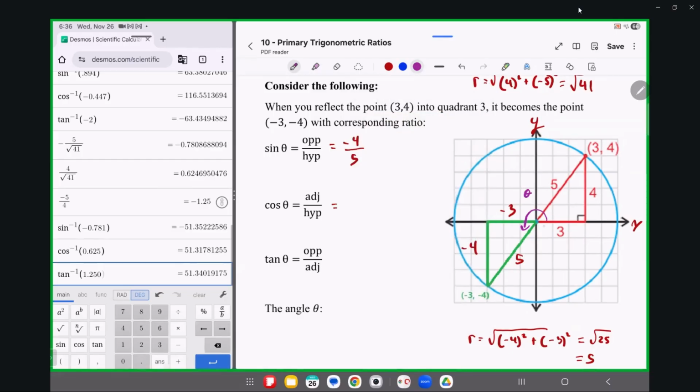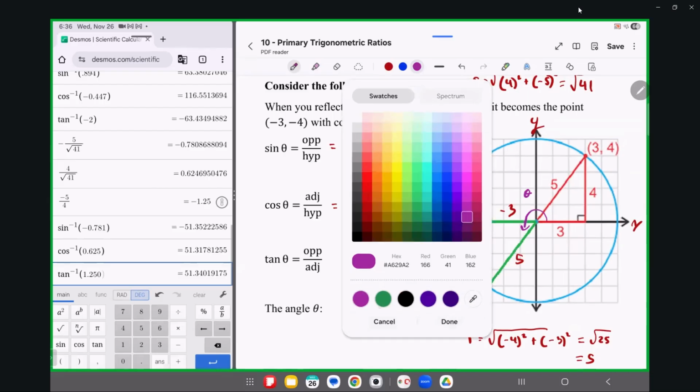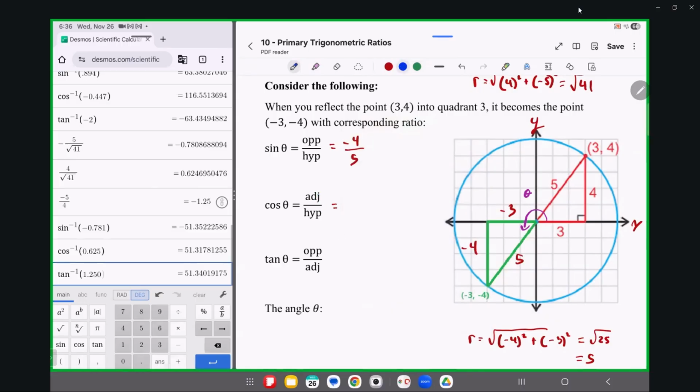The adjacent in this case is -3, so cosine is -3/5. And tan is the opposite over the adjacent, so that's going to be -4/-3. Because remember, this is the opposite, this is the adjacent, here's our hypotenuse. But you have a negative divided by a negative, so that's a positive number.